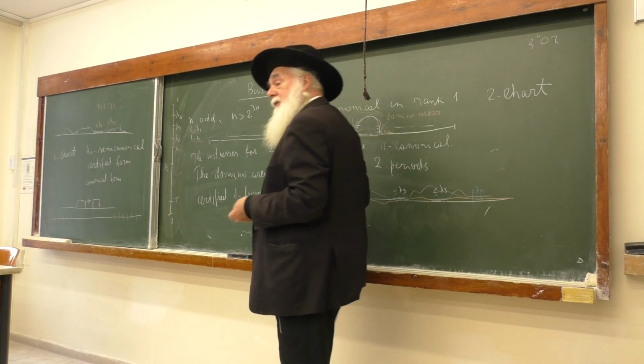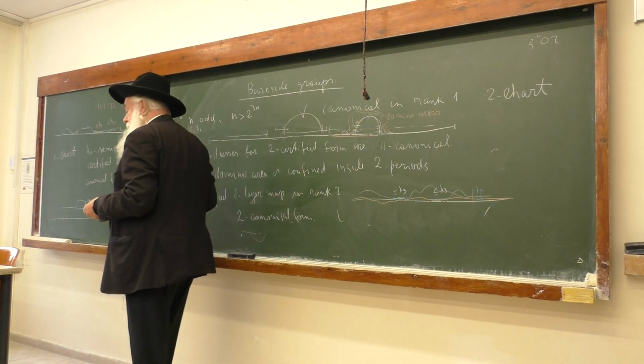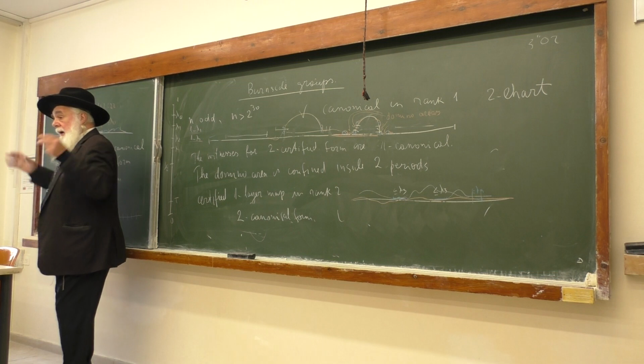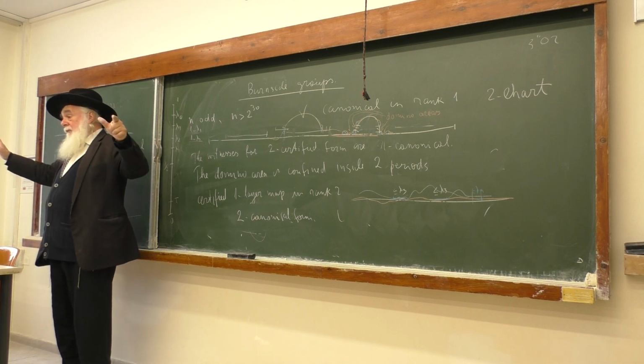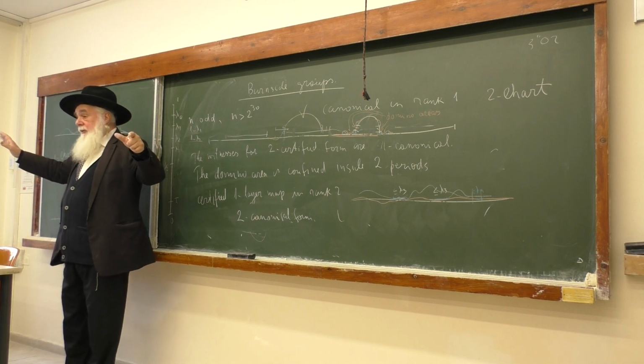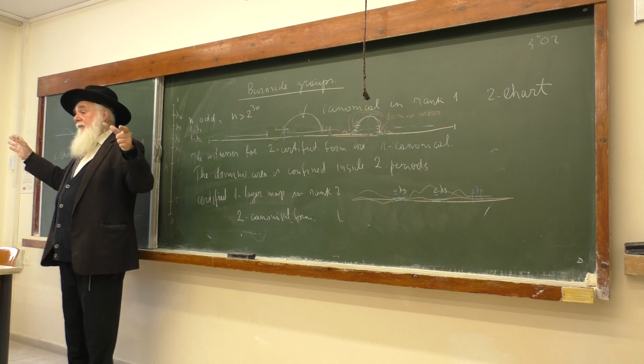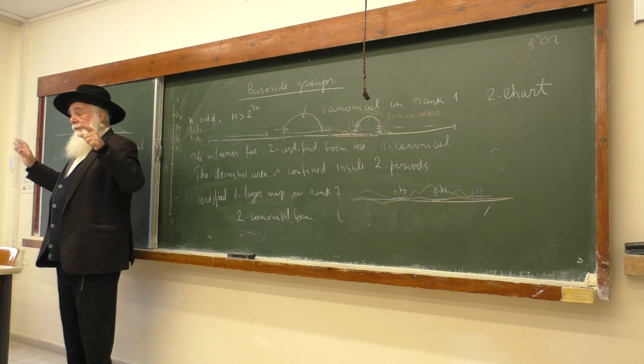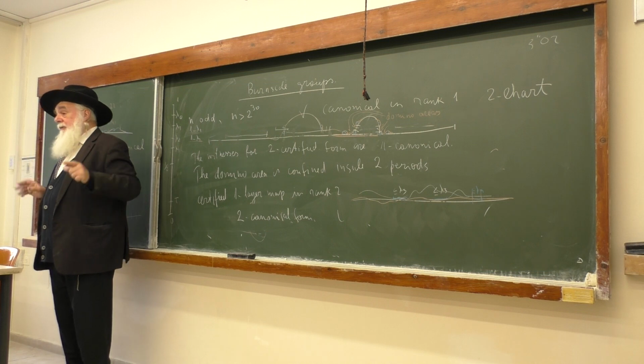The conclusion is that all the certified forms will be periodic as well, up to boundary effect. Periodic with 1 or 2, or fewer than 2 periods, but 1 period you need.